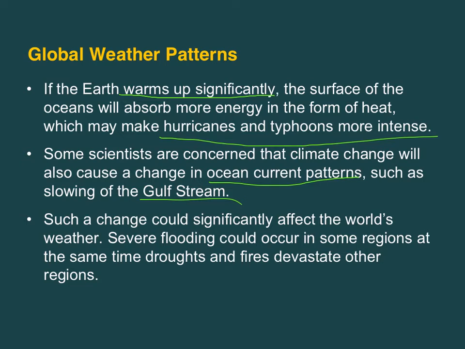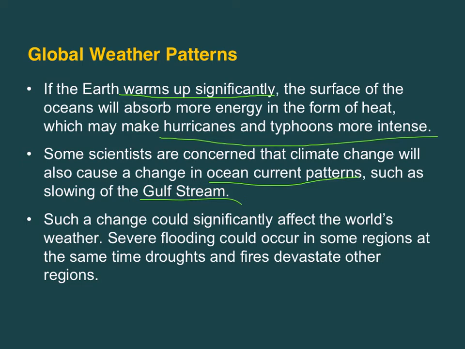They're getting warm water and air blowing up from the Caribbean. So this could change if something happened to divert or shut down the Gulf Stream. Europe could get a heck of a lot colder. And that warm water in the Caribbean could be going somewhere else, making a different area warmer. So that could drastically affect weather patterns.